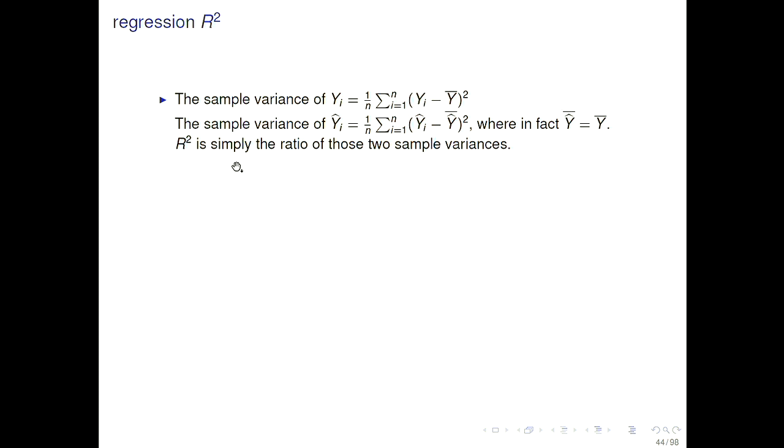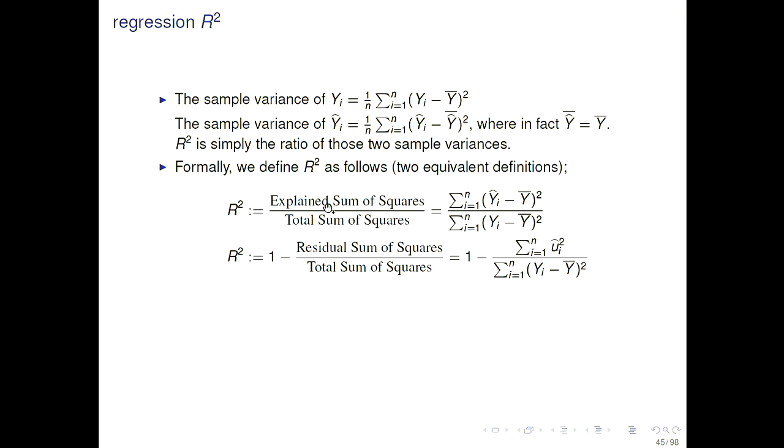R-square is simply the ratio of the second sample variance to the first sample variance. And the interpretation is this. This variation is the explained variation because when we calculate this sample variation, we used our predicted number, not the actual random variable.